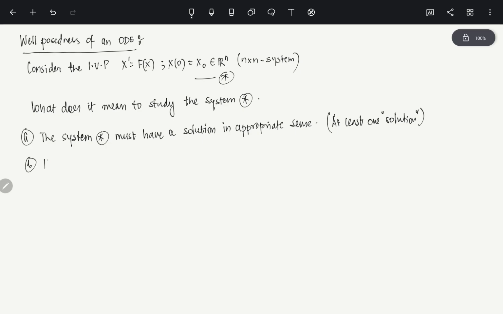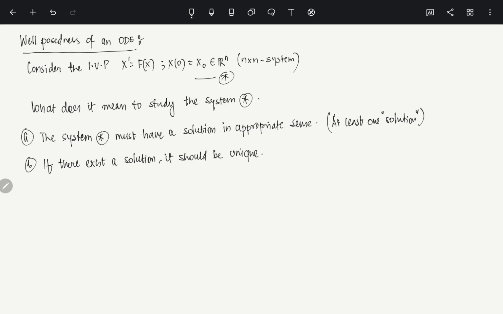B: once you have found a solution, if there exists a solution, it should be unique. Clear? So basically there cannot be two solutions to star.